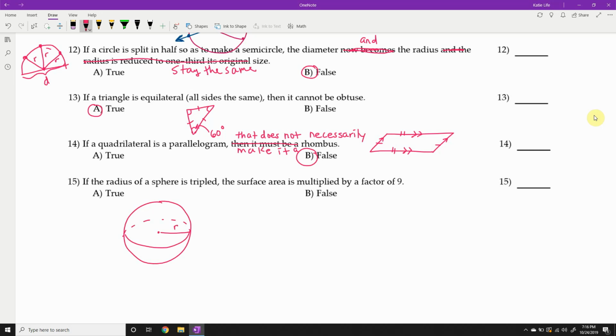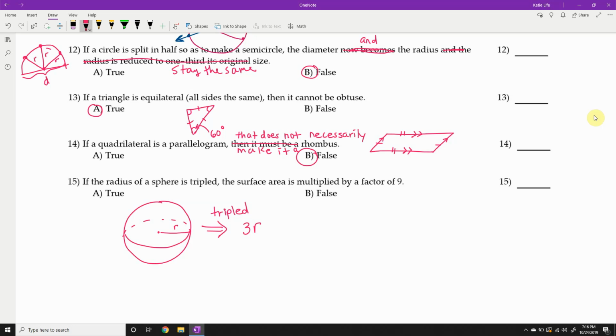Here's the radius. Now, if the radius is tripled, now the spoke from the center point of the sphere to the outside edge is now 3 times as much, 3 times r. How would that affect the surface area formula? Well, let's think about that.